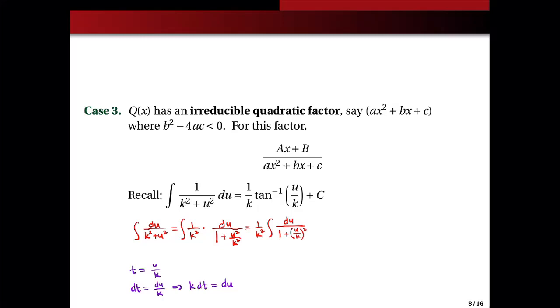Which means we will have 1 over k squared integral, du is k dt, and then for the denominator, this is just 1 plus t squared. And now you are more familiar with this. So if you bring this k out here, you'll just have 1 over k now, and then the integral of dt over 1 plus t squared, correct?